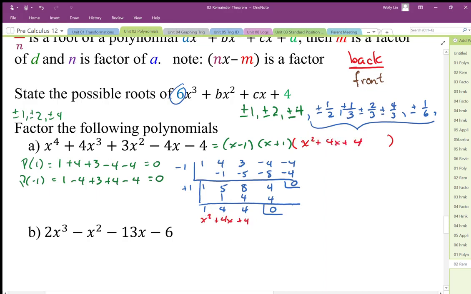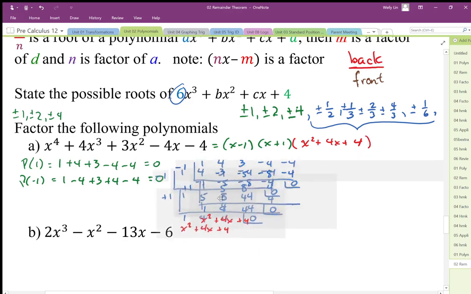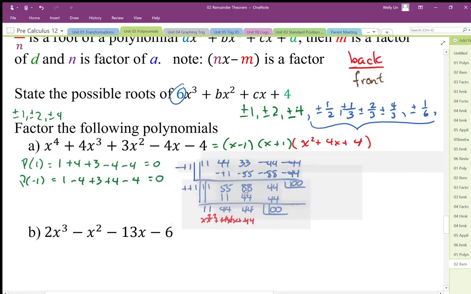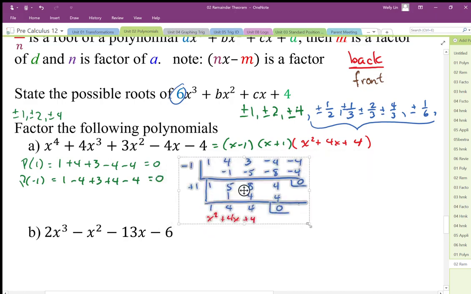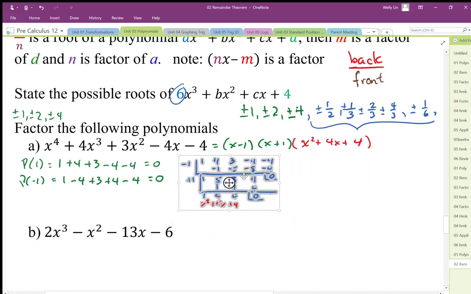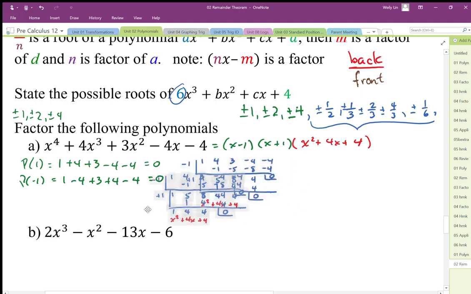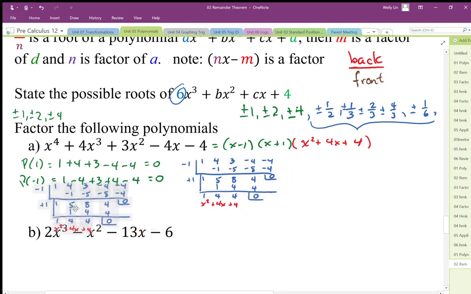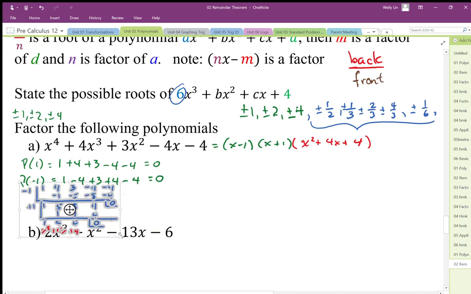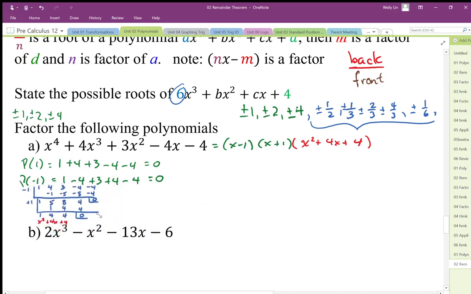Well, I know how to factor that. That's going to end up being, and I'll move this down a little bit so I have a little bit more room. We're going to just squeeze this in here. Okay, I'll move this back in a second.